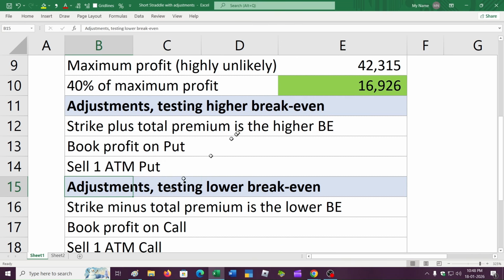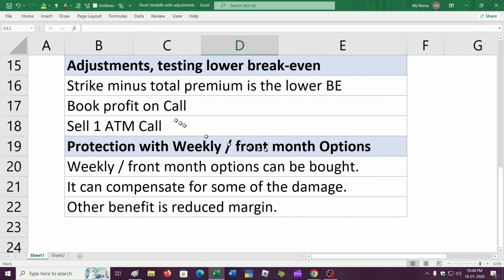So that's all about short straddle. What we can do with the short straddle business: sometimes, when we are selling a next month option, we can buy some protection in this month.